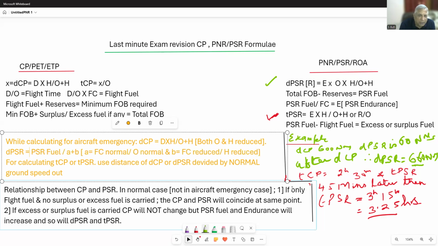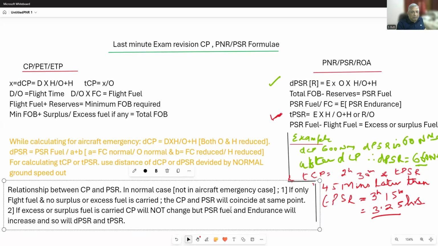What is the relationship? If only flight fuel and no surplus or excess fuel is carried, then critical point and PSR will coincide at the same point. They will be at the same point. Whereas if excess fuel or surplus fuel is carried, CP will not change, but PSR fuel and the endurance will increase, and so will dPSR and TPSR.